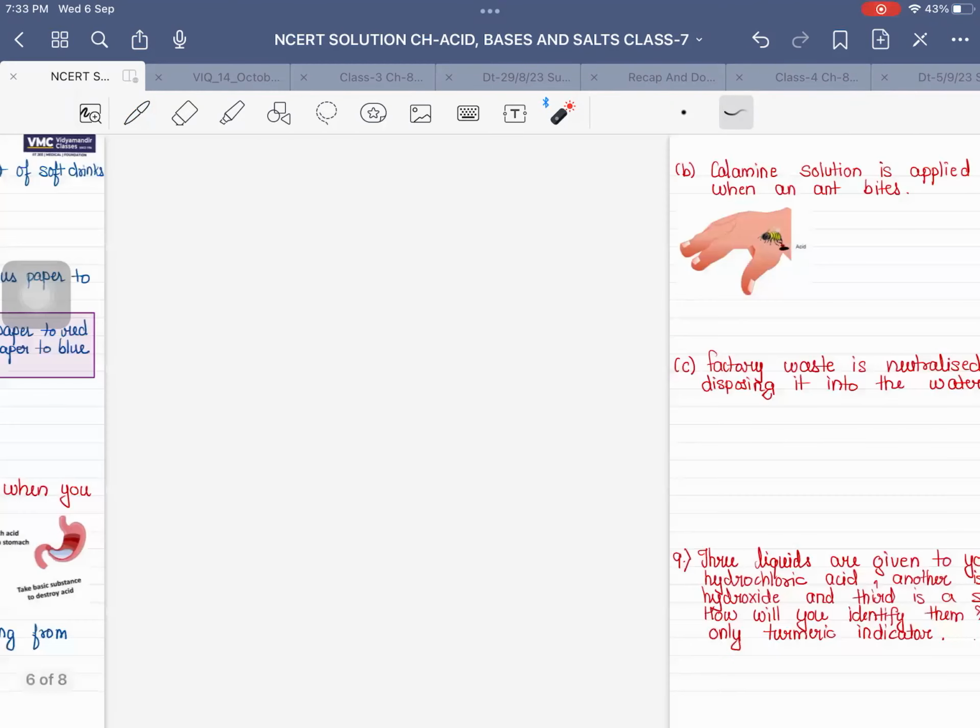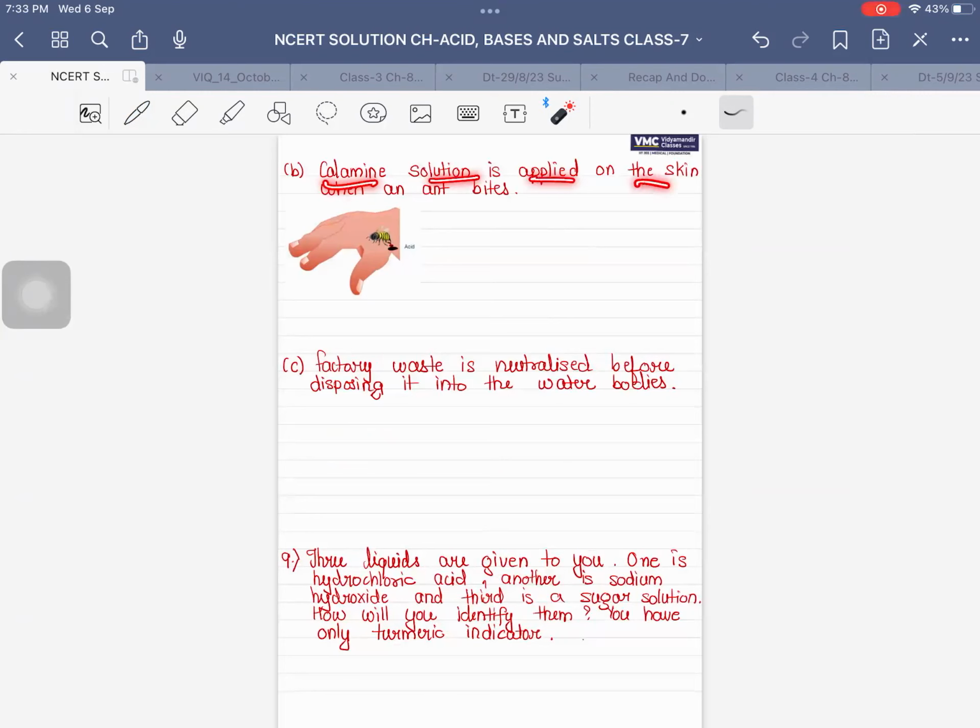Next one, calamine solution is applied on the skin when an ant bites.